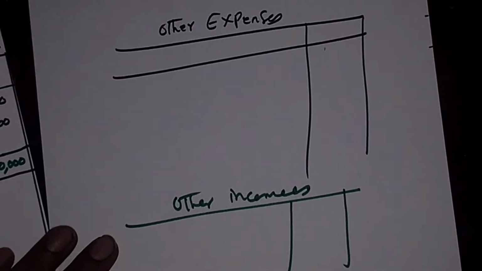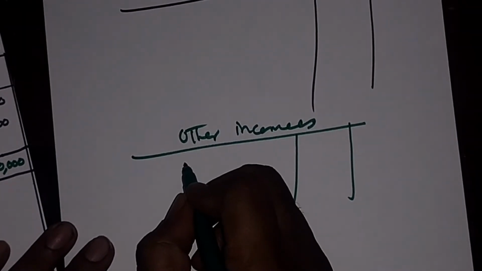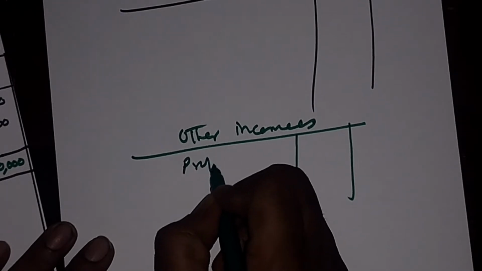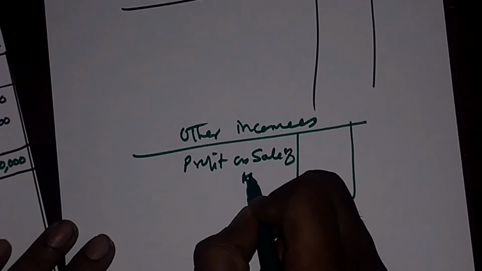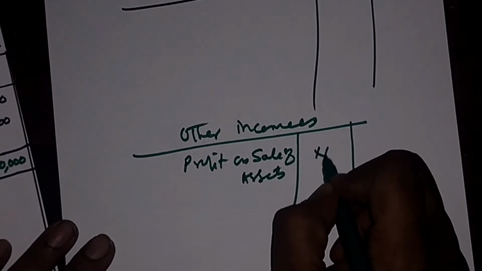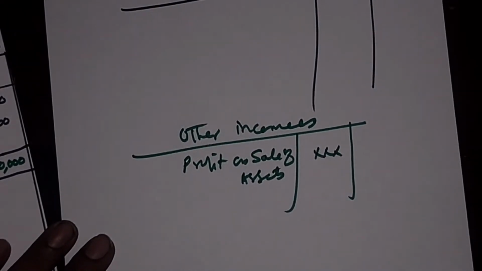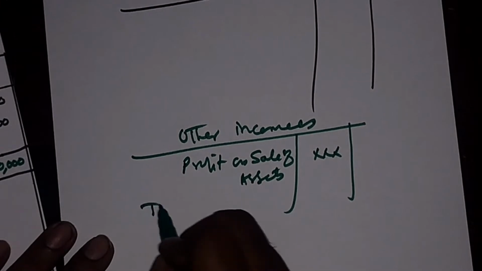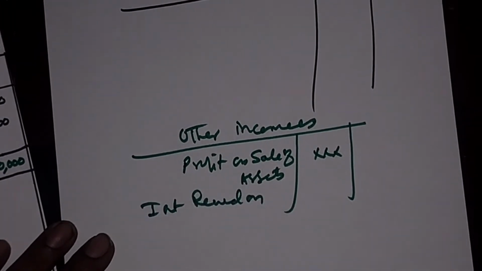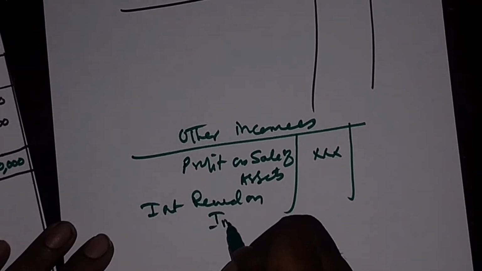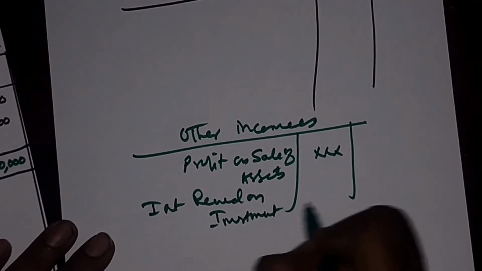In this other incomes, I can write profit on sale of assets, some amount. Next one is the interest received on investments, like that.